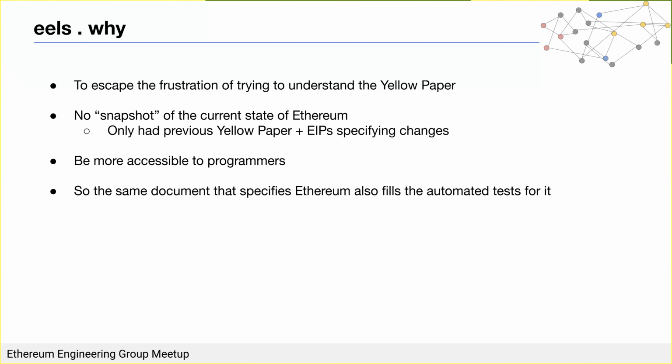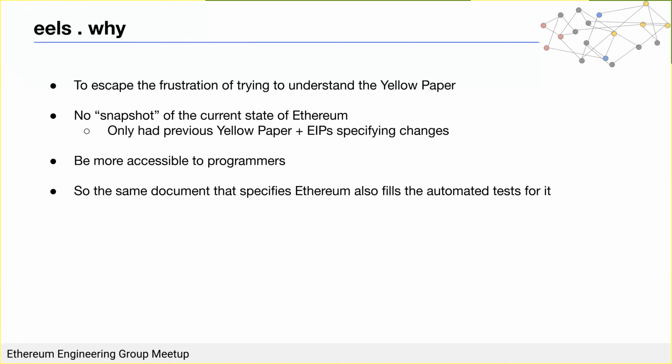So why are we creating EELS? I'm interested in it because I get incredibly violently frustrated every time I try to read the yellow paper. There's also no current snapshot of Ethereum. So what do I mean by this?